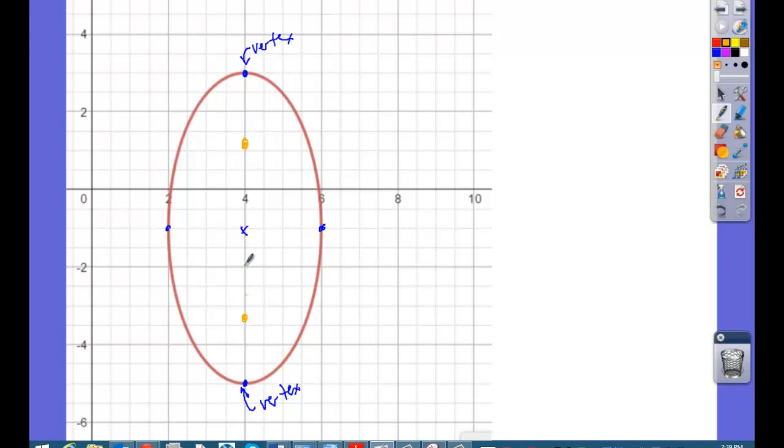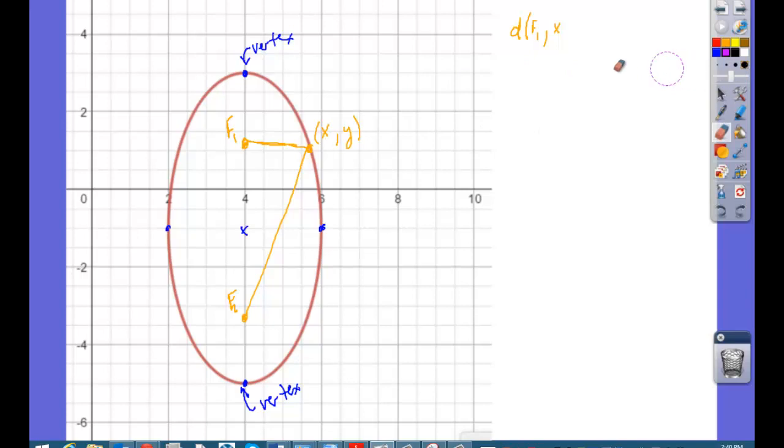But the idea of the foci in an ellipse is that for any point on the ellipse, I measure that distance and that distance. Let me name these F1 and F2.